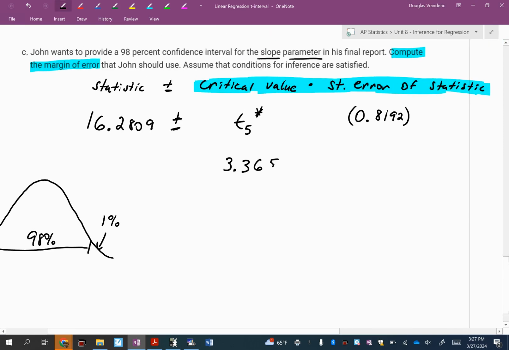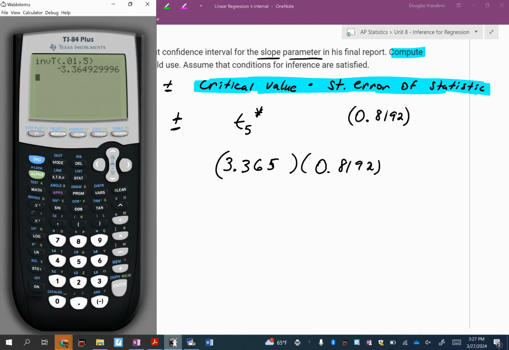If you really want to find the positive, like if that bothers you, then you could have typed in 0.99, because that'd be 1% to the right. So it should be the same, just positive. It doesn't matter. I just ignore it.